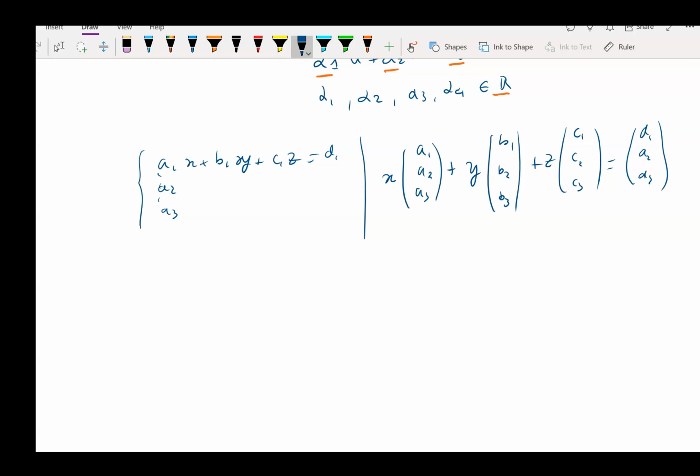Can I find a linear combination of my three vectors? So let's call them vector a, b, and c, and that's going to be the d. Can I find a linear combination of a, b, and c? So x times a plus y times b plus z times c is equal to my vector d.